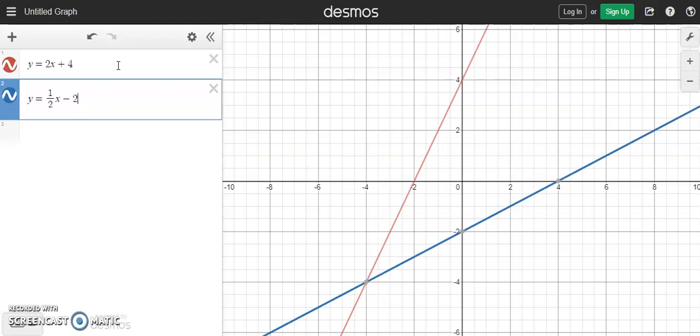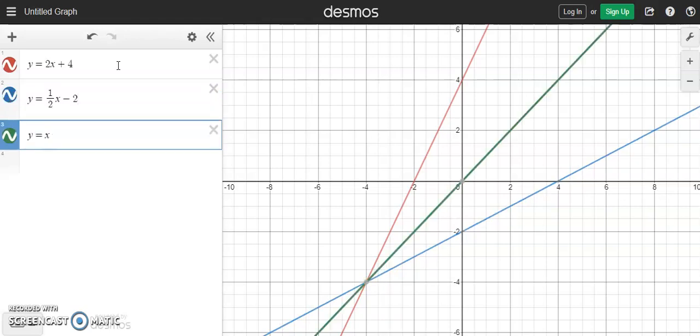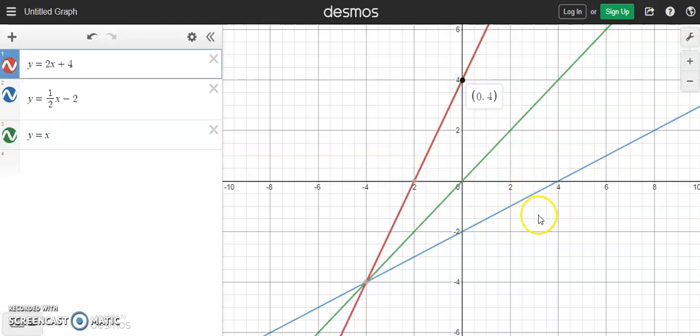And so to illustrate what we're looking at here, I'm going to go ahead and graph the line y equals x so we get that nice little diagonal running through the middle. So what I want to point out here is that just like in our equations where the x's and y's switch places in order to solve for the formula, the points on the graph match up in the same way.